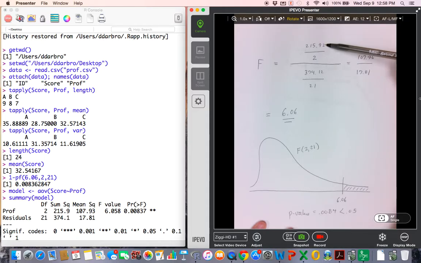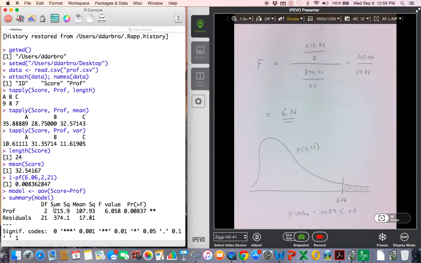So the 215.92, as I've highlighted on the left side, is the sum of squares for prof. Prof here stands for the factor term, degrees of freedom 2, degrees of freedom 21, and you can see the 374.12 is what R calls the sum of squares for residual.